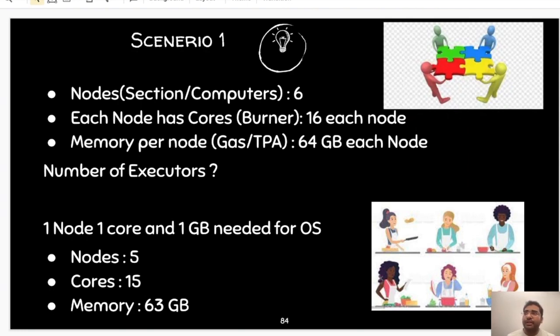But if we want to optimize it with this much of resources, how many executors can work together like a team? How do we know that?